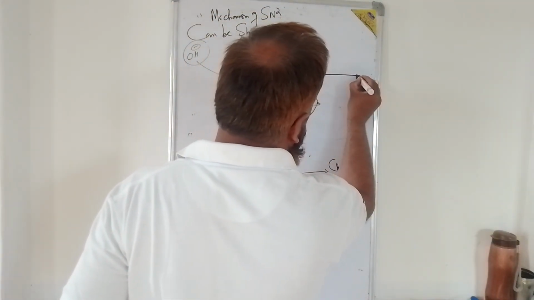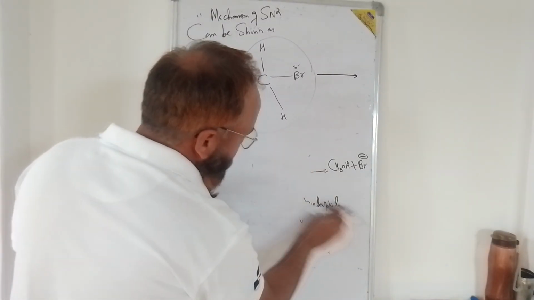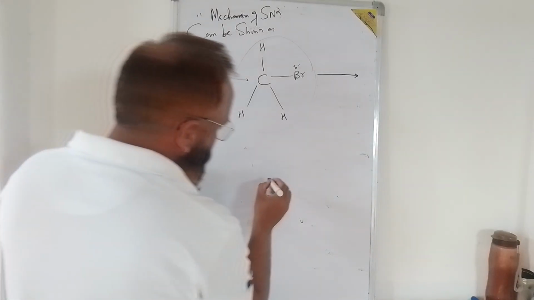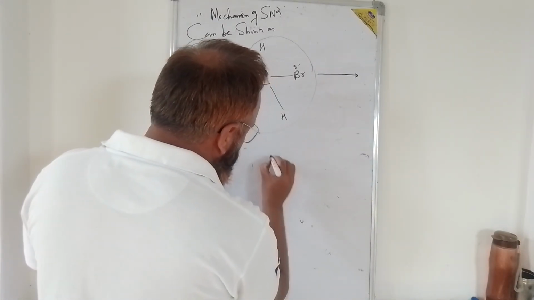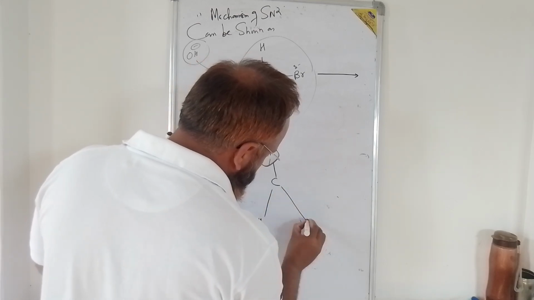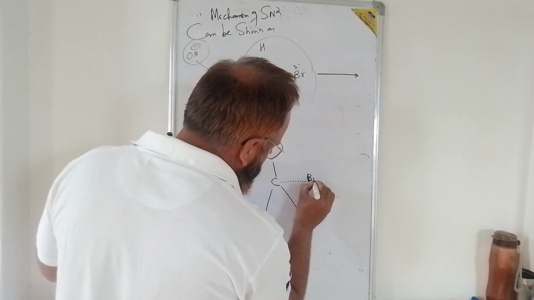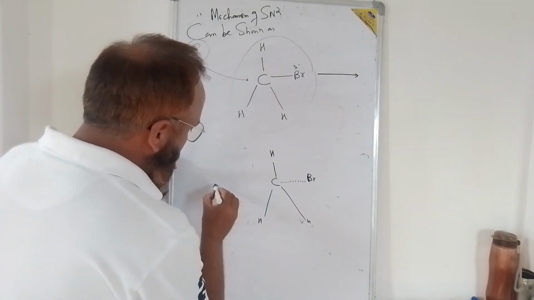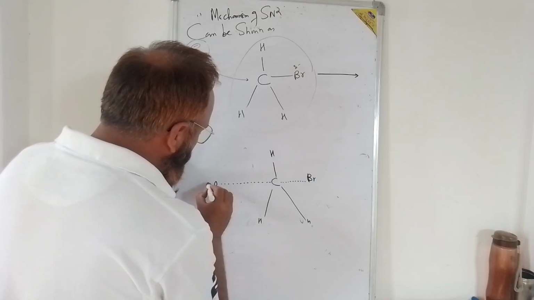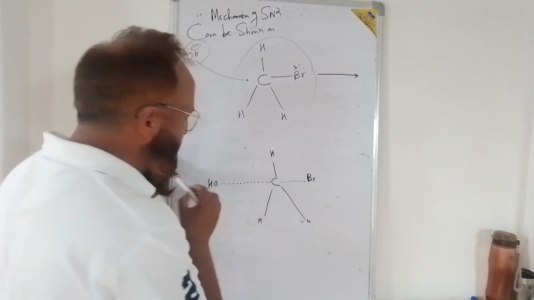Dear students, I will show here C H H H, here Br can be shown in this way, and OH comes along the backside of the carbon where the bond forms between carbon and OH.